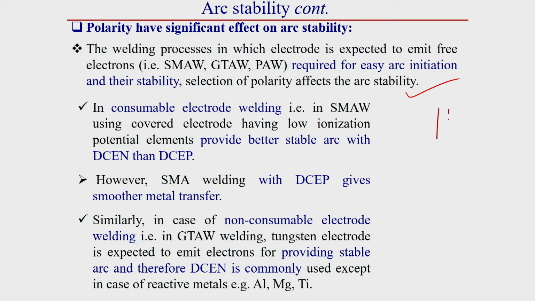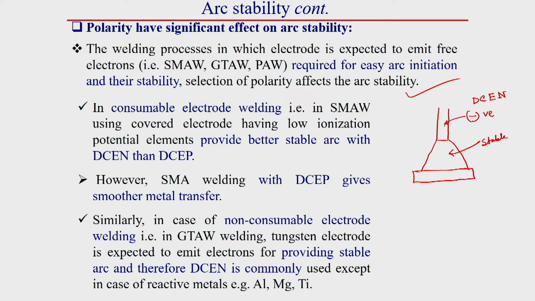Electrode polarity: what I have told is that to get a stable arc, the electrode should always be kept negative. That means DC, direct current electrode negative polarity, gives a more stable arc, both in case of consumable electrode and non-consumable electrode.